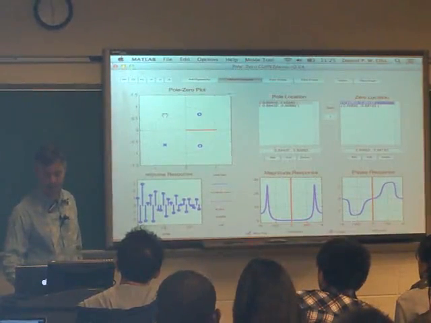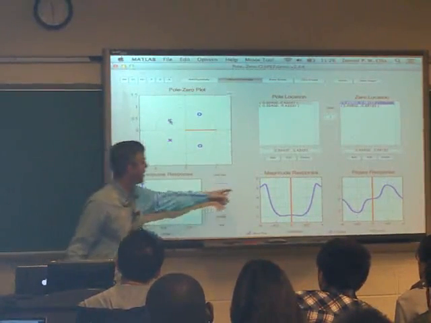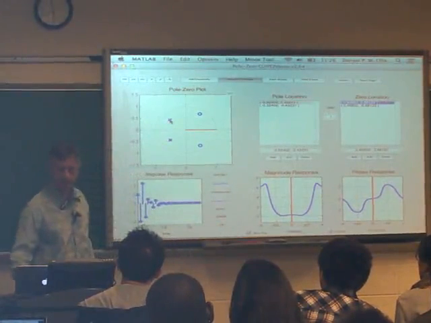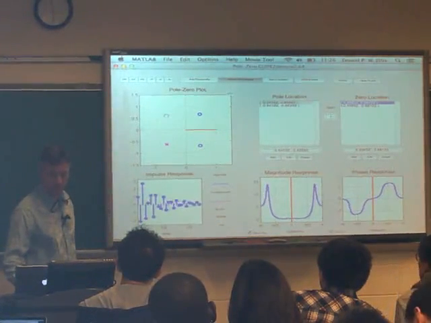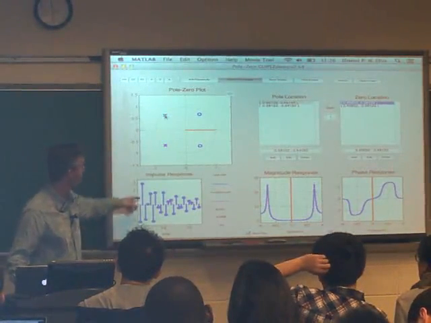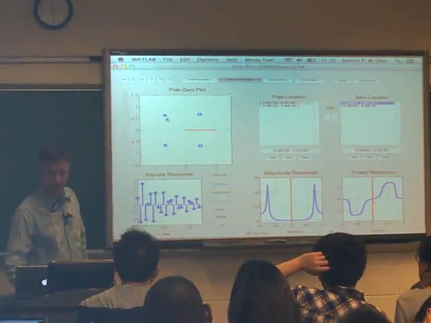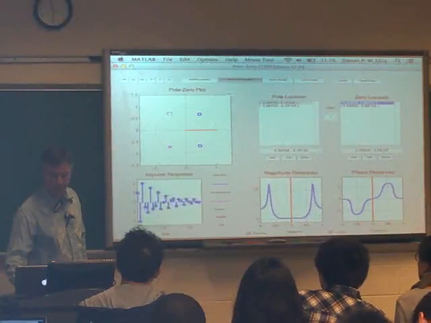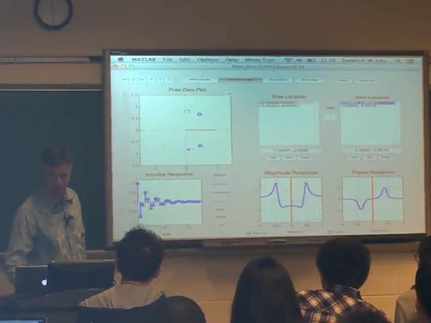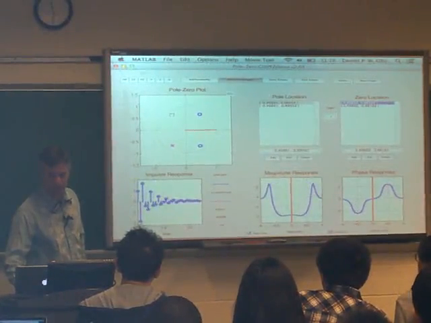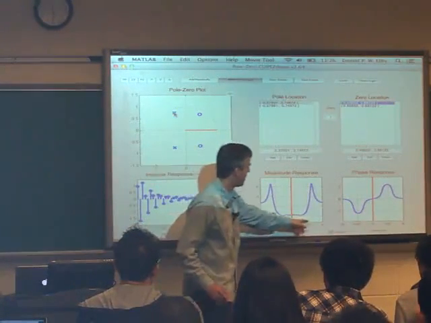So if I move this back, then the peak gain is only like 7, and this thing dies away quite quickly. But as I move these closer to the axis, the peak gain goes up and the amplitude decays slowly. As I move these around, you can see the frequency of that peak changes. As I move it up, this is like 0 frequency, so this is a larger frequency.